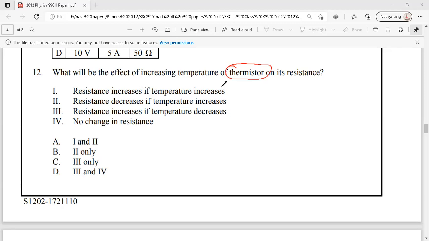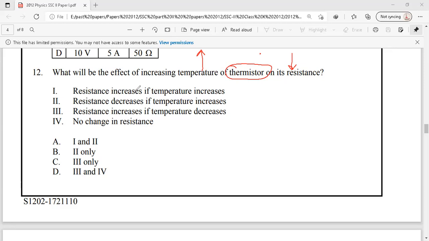One was the thermistor, and the other is the filament lamp. For a filament, increasing temperature increases the resistance, while for a thermistor, if temperature increases, its resistance decreases. So, in case of a thermistor, temperature and resistance are inversely proportional.